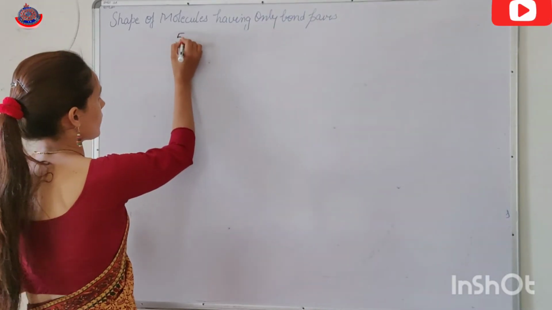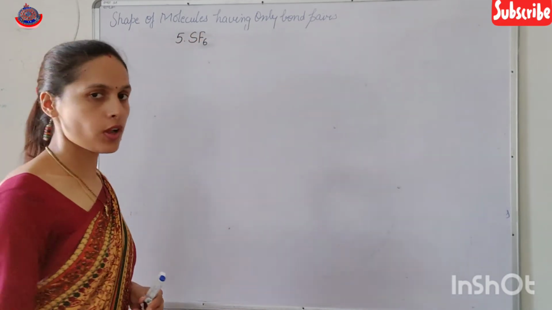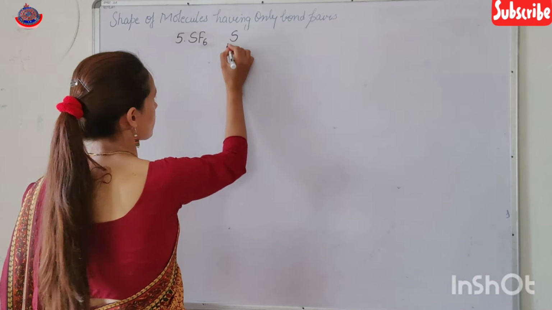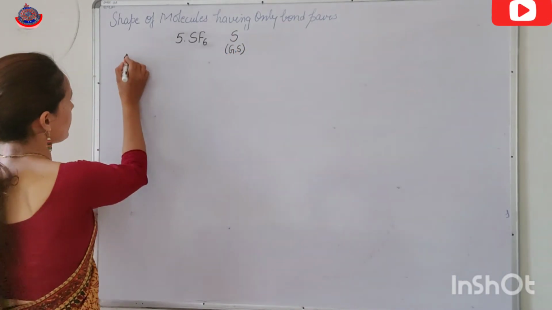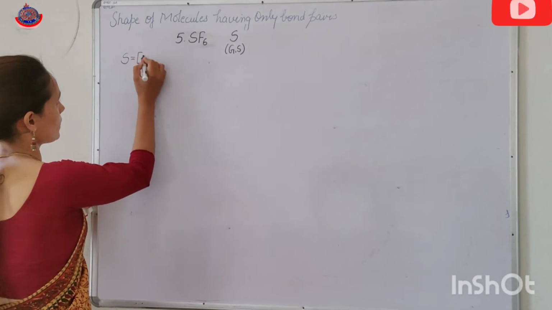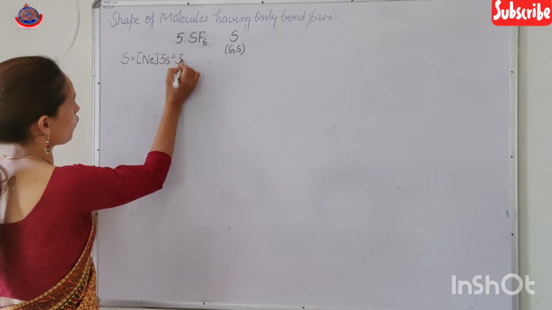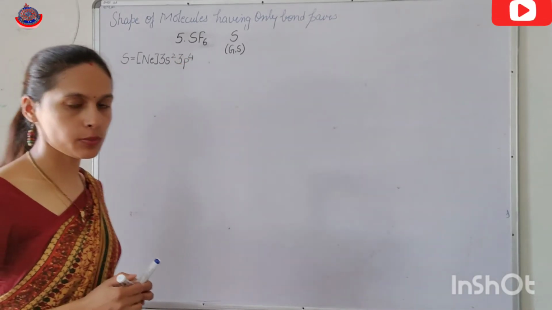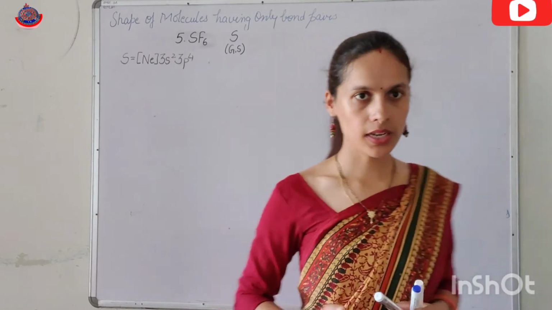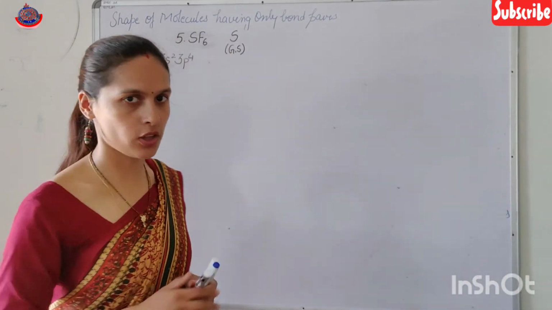Fifth is SF6. First of all, I write the ground state configuration of sulfur. Now if I write the electronic configuration of sulfur, it is neon 3s2 3p4. It means the valence shell is third, and in the third valence shell we know that we have d subshell also.